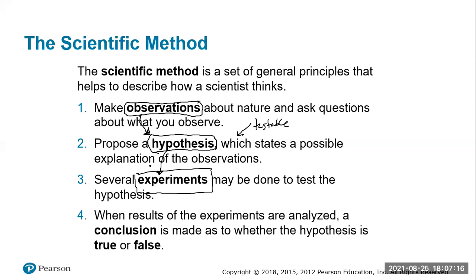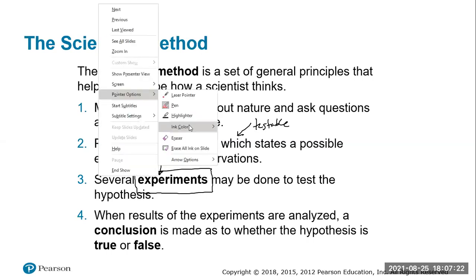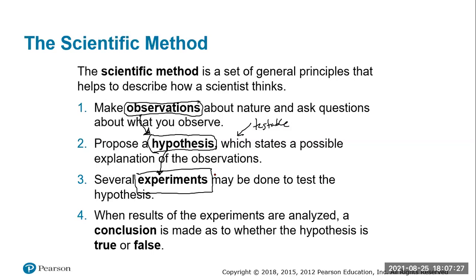Now, I will say in most cases, depending on your perspective, or if you're the one doing the experiments, it can turn into perhaps a vicious circle, because typically when you do experiments, you then start to observe some other stuff happening. And then you tell your boss and they go, cool, why don't you do some more tests? And you come up with some more hypotheses and more experiments.